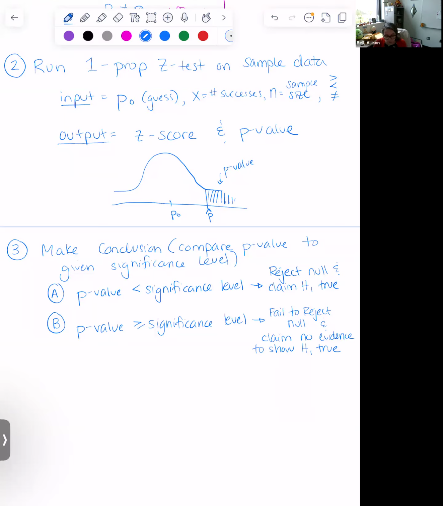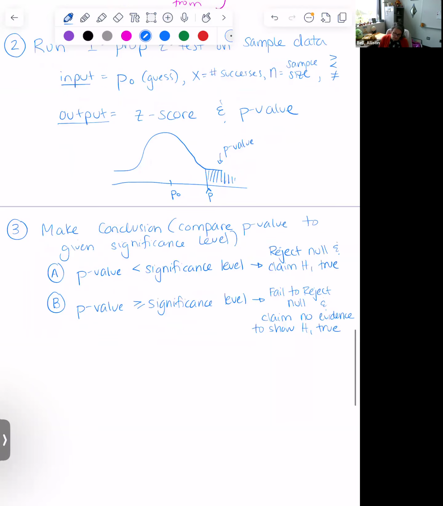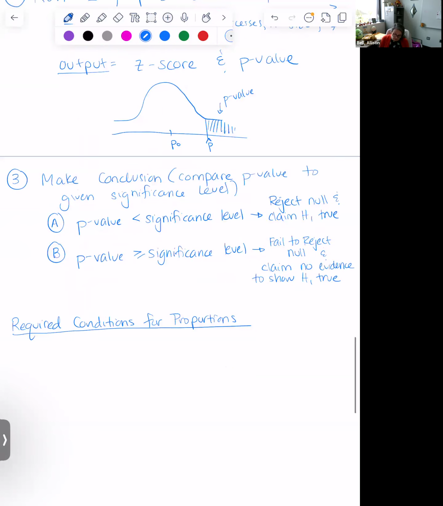Okay. And then there's one other thing we have to think about, and it is checking our conditions. So we're going to write that down at the bottom of the notes, the required conditions for proportions. And so the first condition is always the same.